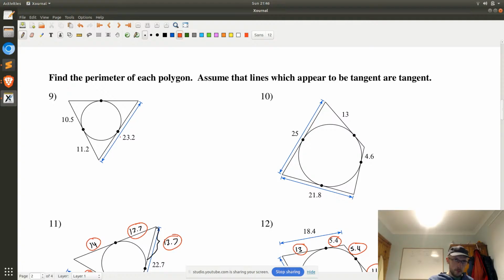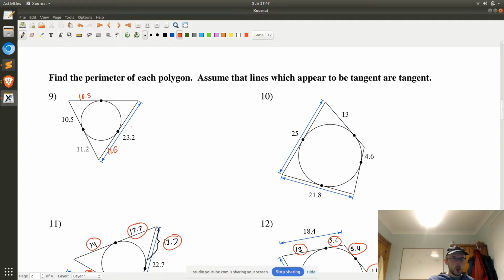Okay. So, 23.2 divided by 2 is 11.6. Then that over there is 10.5.